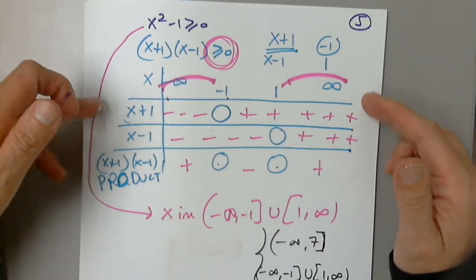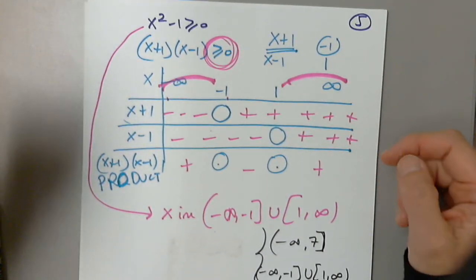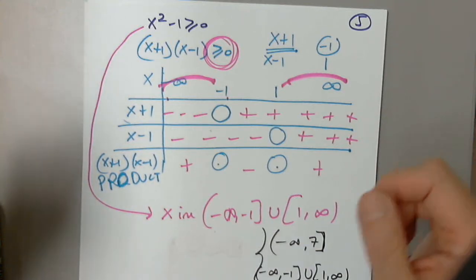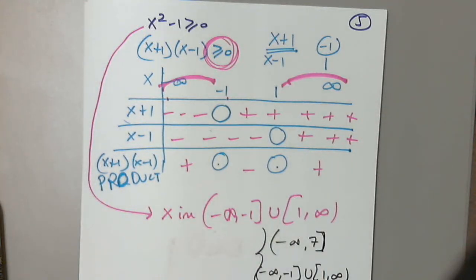Is the table clear? Does it make sense? Because I'm going to use it in studying derivatives and their signs, and when the function is increasing, decreasing, etc. So I'm going to use this table again. Does it make sense? Do you have any questions about it?